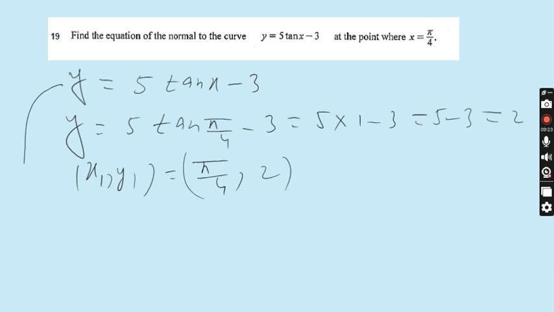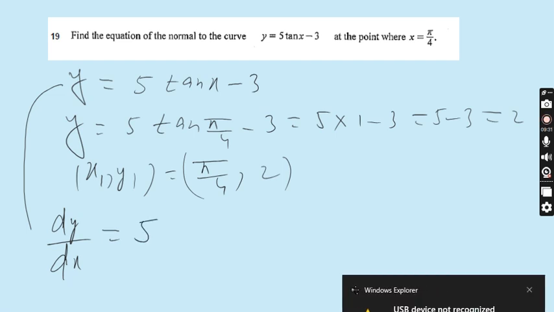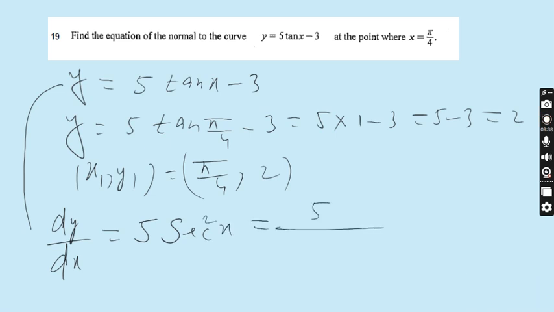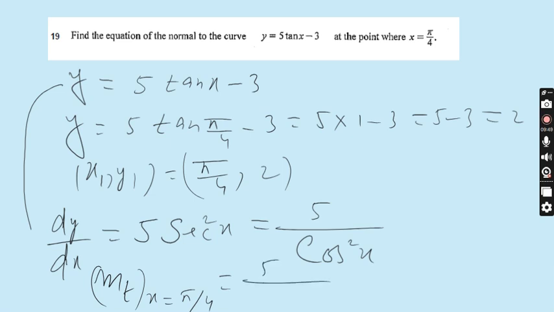Now find the gradient of tangent, dy by dx. The derivative of 5 tan x is 5 sec square x, or you may write 5 upon cos square x, since sec is the reciprocal of cos. Substitute x equals pi by 4. 5 upon cos pi by 4 squared.